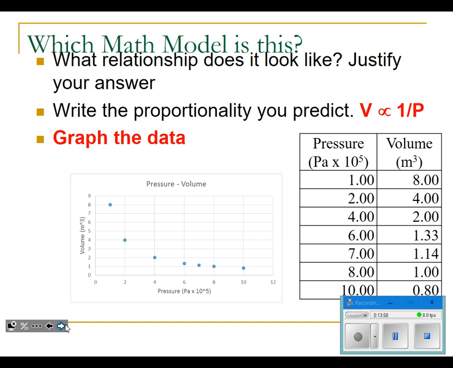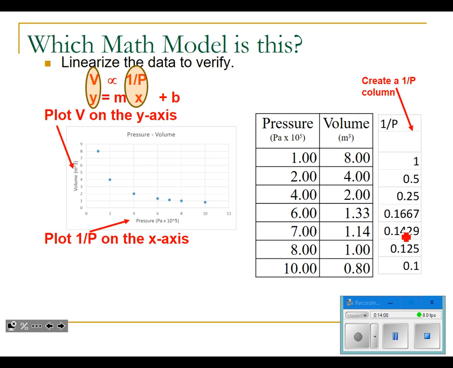Again, to go ahead and linearize it, I'm going to take my x information and I'm going to do the inverse of it and create a new column of x information. When I do that, I'm going to regraph this data, using this inverse column on my x-axis and plotting the V information as is.